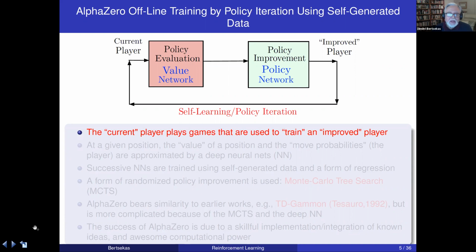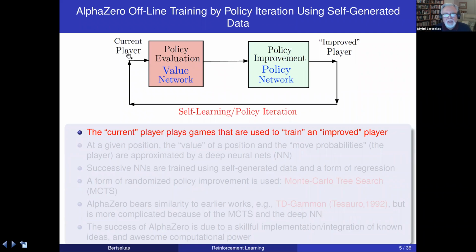Okay, so the offline training of AlphaZero involves the construction of a sequence of players. A player is a software that generates moves in response to a given position.